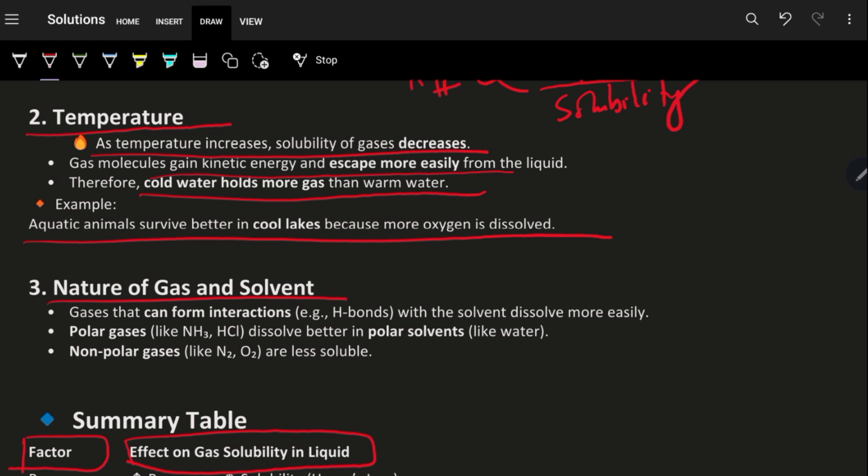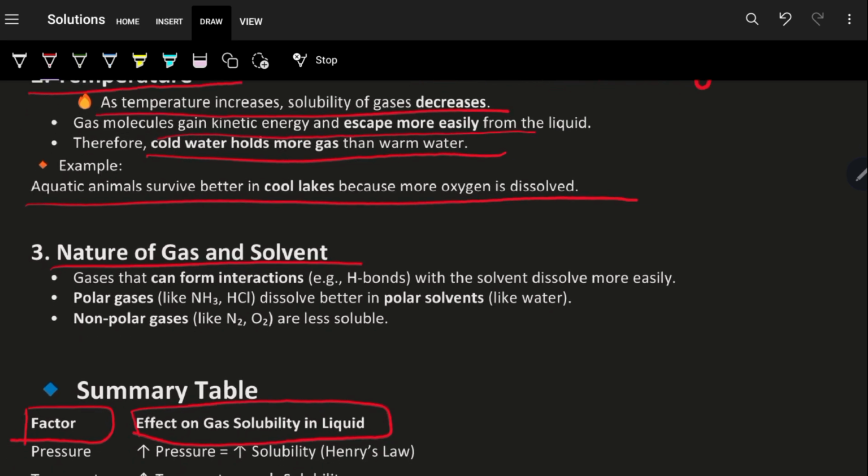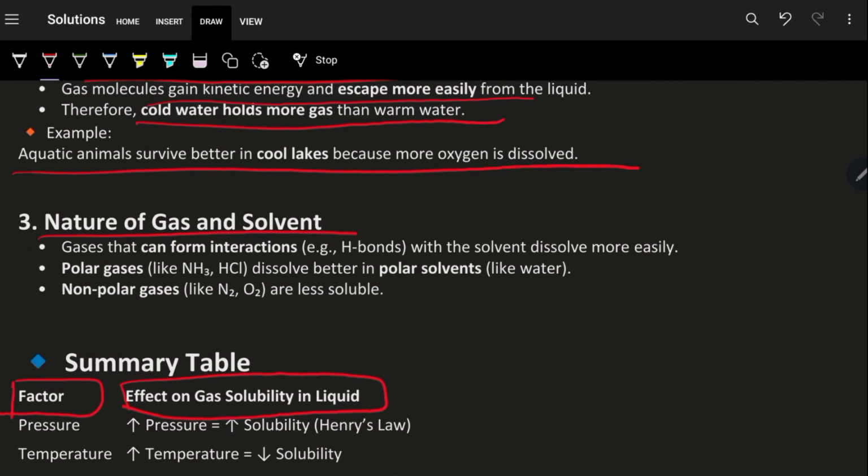Next is nature of gas and solvent. Gases that can form stabilizing interaction, hydrogen bonding with the solvent, will be more soluble. Again, nature of the gas means polarity. NH3, HCl, they dissolve better in water because of their polar nature, also because of the capability of forming hydrogen bonding, of course, not everywhere.